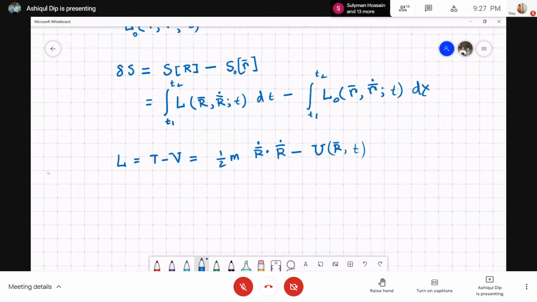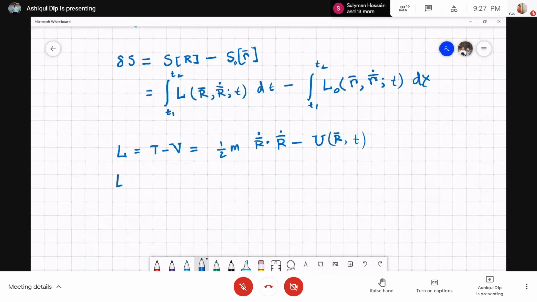This is L. So what would be our L naught? L naught would be T naught, the kinetic energy through the original path, minus V naught, the potential energy through the original path. So that would be half m r dot dot r dot minus U evaluated at small r, t. Do you agree? Yes. Okay, great.